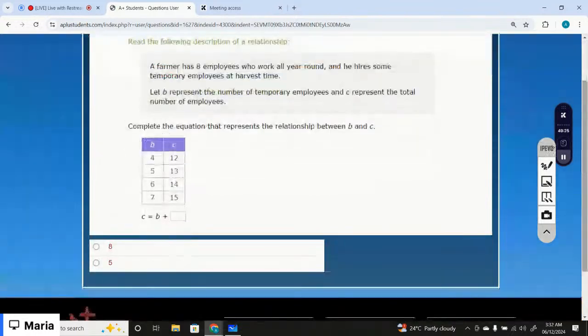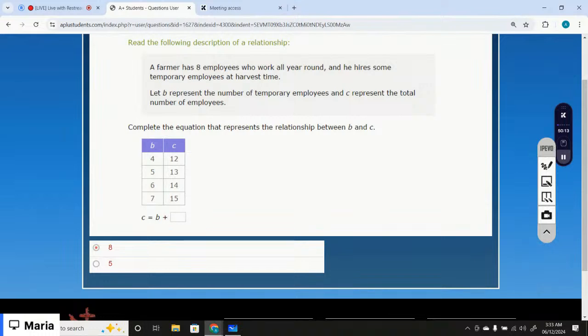Complete the equation that represents the relationship between B and C. So which is the correct option? That is C equals B plus 8.